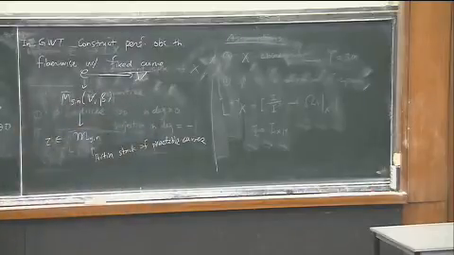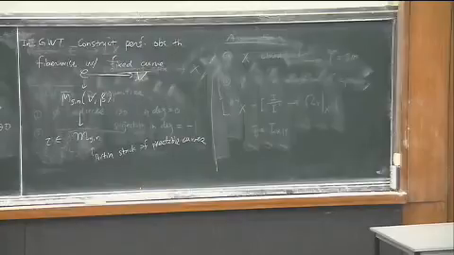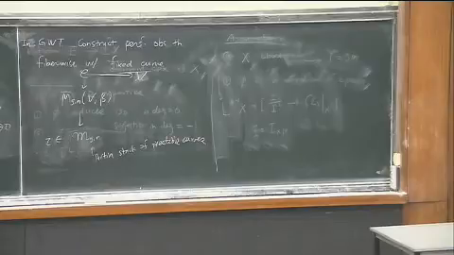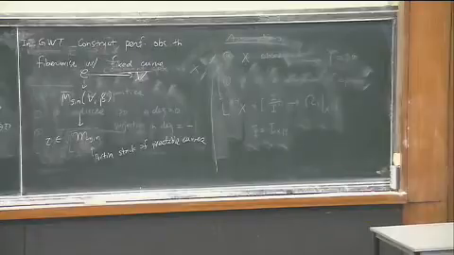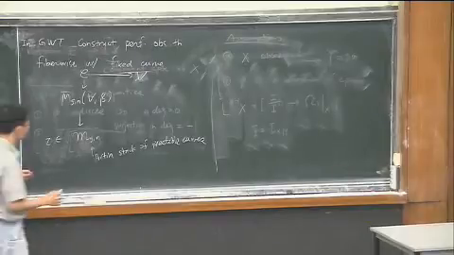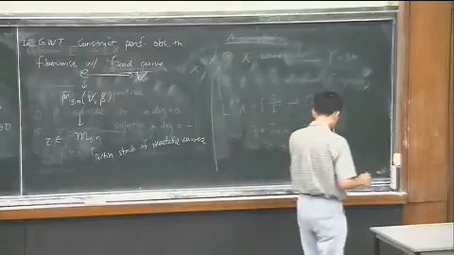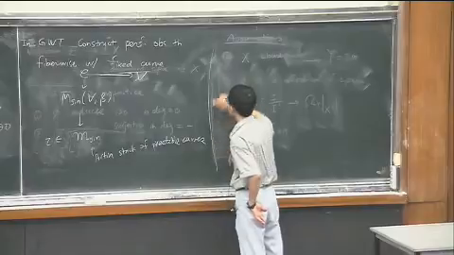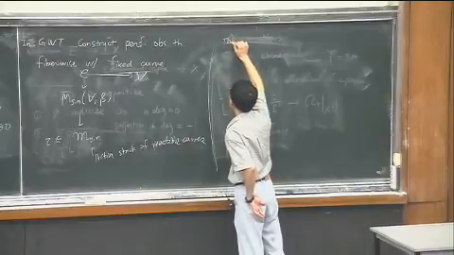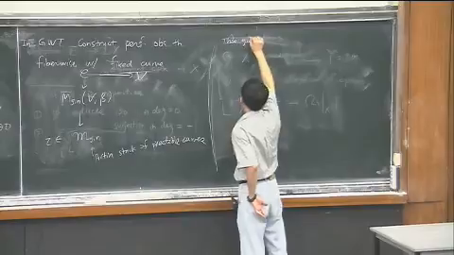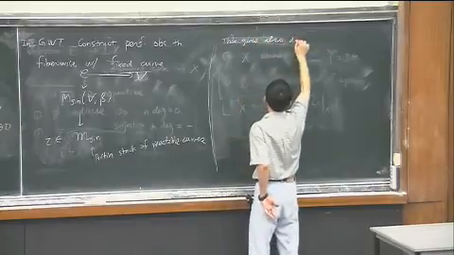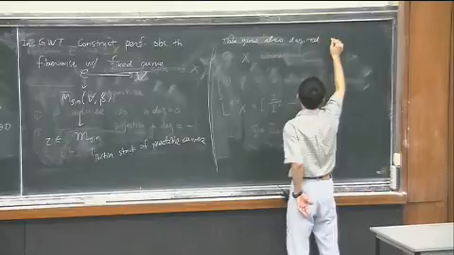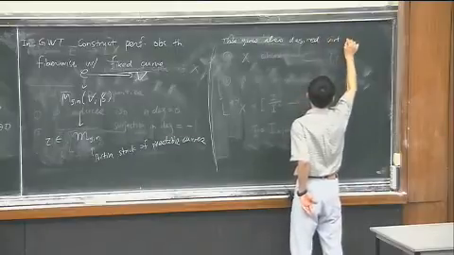And here everything will be over tau. But this is okay. Why? But this gives also the desired virtual fundamental class.